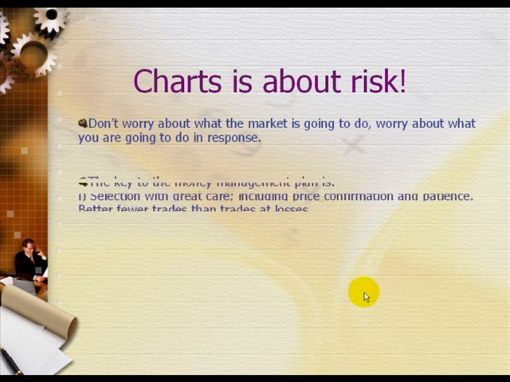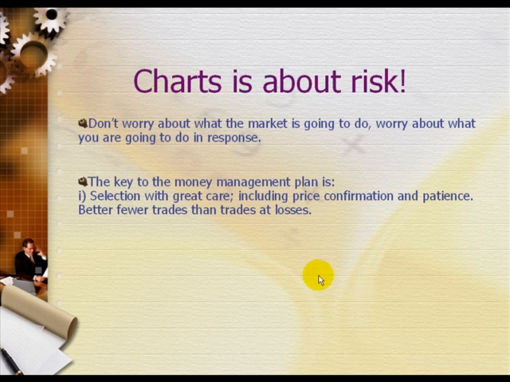The other thing we've got to remember is the key to money management, or any type of money management plan, is selecting with great care the stocks we want to be involved with. And that includes price confirmation to see, well, if I'm bullish on this stock, have I got confirmation from the price by it moving higher that indeed I'm right, I should be involved with this stock? Why is all this important?